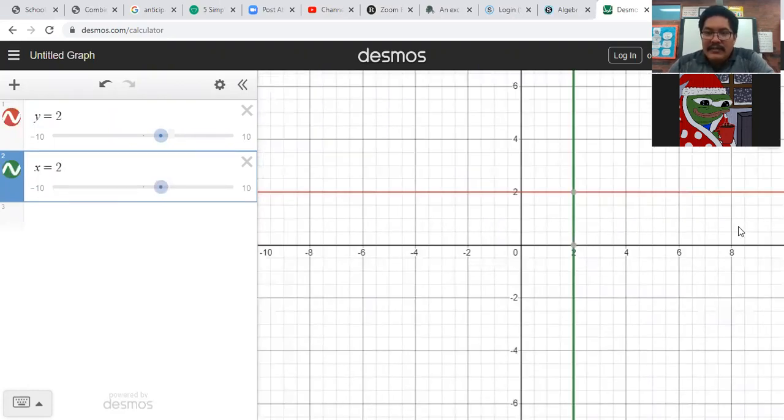So if I push the home button, I go back to the middle of the whole graph. And I can see that I have one line going straight up and down and the other going straight sideways. And if I put a piece of paper in that corner, on any of these corners, it's going to match edges perfectly, align perfectly. So we know that this is perpendicular.